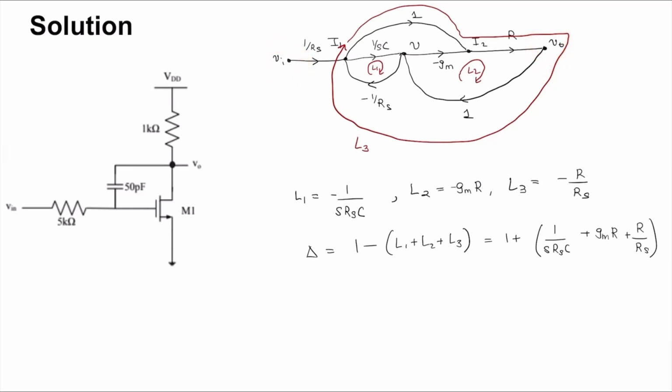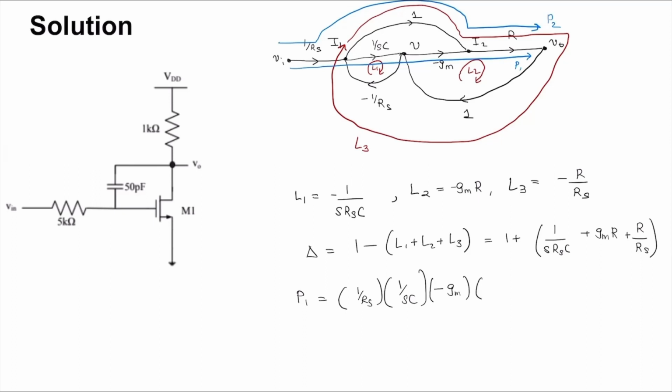There are two paths. This straight path is P1 and this other path is P2. We have the path gains as P1 is equal to 1 by Rs times 1 by SC times minus Gm times R. That is this into this into this into this.